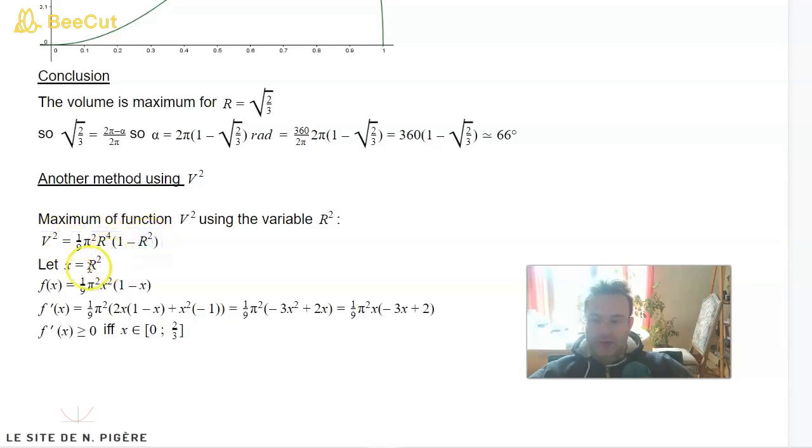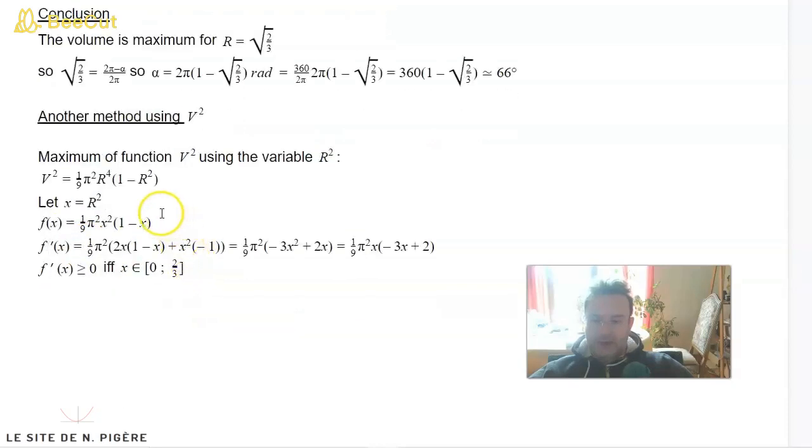So we can set x is equal to r squared and get a new function f, which is v squared. Let's call it f. And this is 1 over 9 pi squared x squared, because r to the 4th is x squared. And 1 minus r squared is 1 minus x.